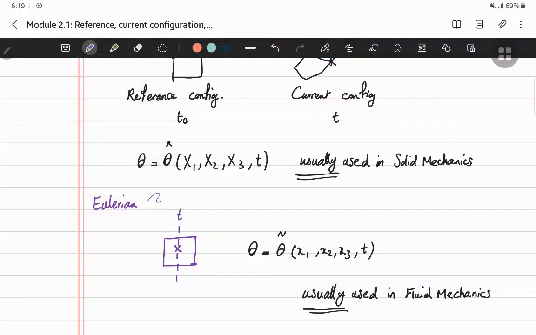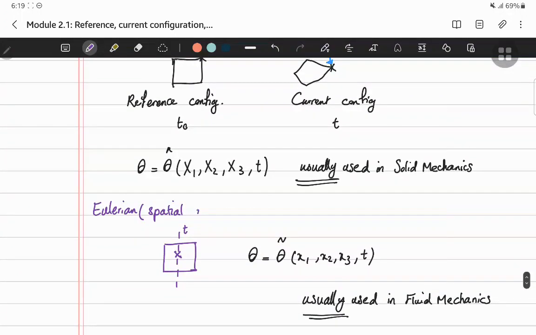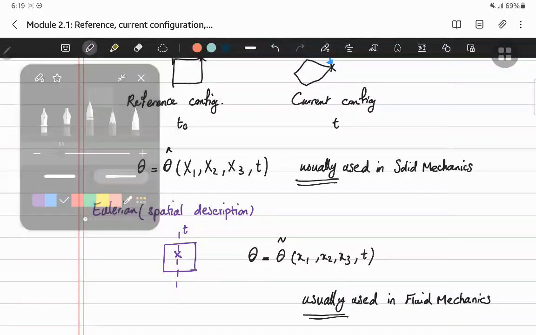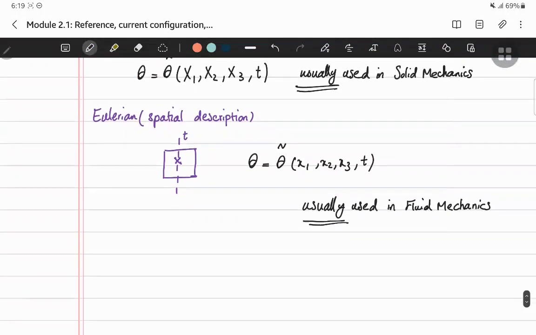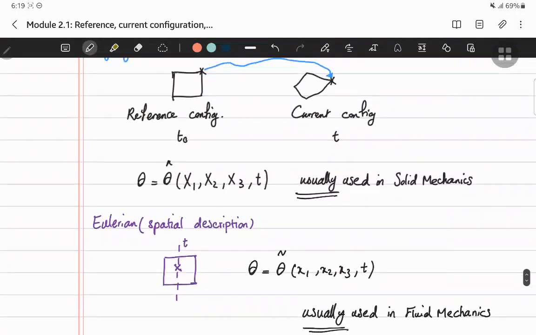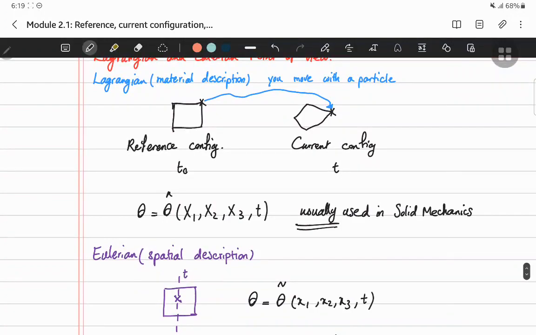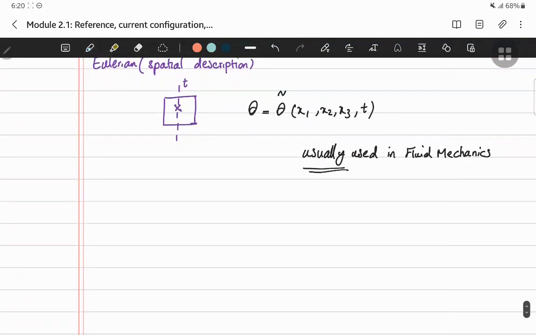Also, it uses spatial description for the Eulerian also. So let's clarify this and let's convert this, Lagrangian to Eulerian, vice versa, through an example here.